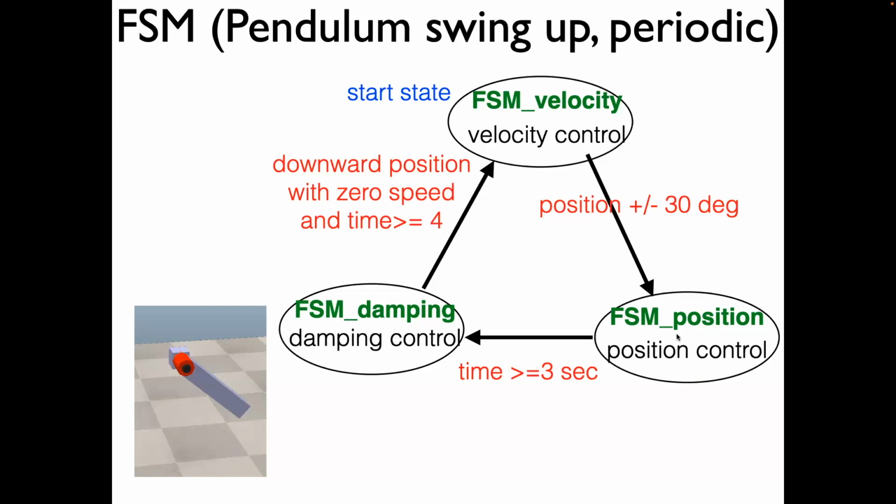We'll hold the position control for 3 seconds and then transition to damping mode, so it dissipates energy and comes down to the vertically downward direction, in which case we'll switch to velocity control again. And so it'll just keep cycling between these 3 modes. These states, I'm going to give them names: FSM velocity, FSM position, FSM damping. So I'm going to show you how to program this one step at a time. So we'll start with this and then move along these arrows.